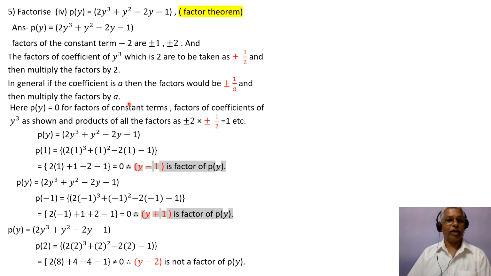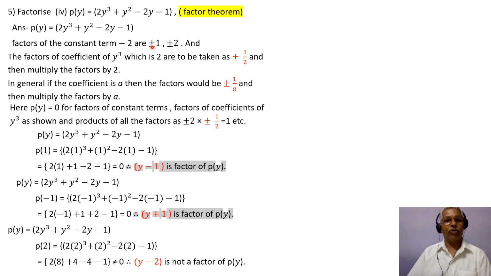Now, to see the zero of the polynomial, the y cube coefficient has to be 1. So that's why we divide this by 2 and multiply the whole thing by 2. That is the meaning of this sentence.